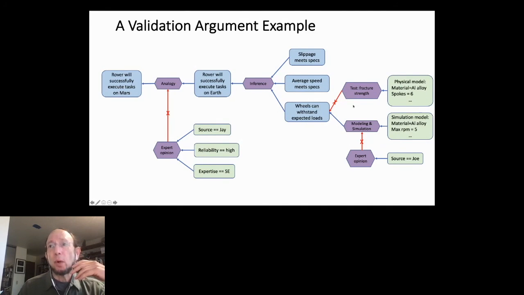We've gotten to the point where we've actually taken some actions here on physical tests. We've built a physical model of a wheel, and we've run some tests on fracture strength. We've also done some modeling and simulation work at the point at which I'm depicting this diagram, and that work has come to certain conclusions. The blue arrows here are all support relationships. The red arrows with the X's on them are defeating links.